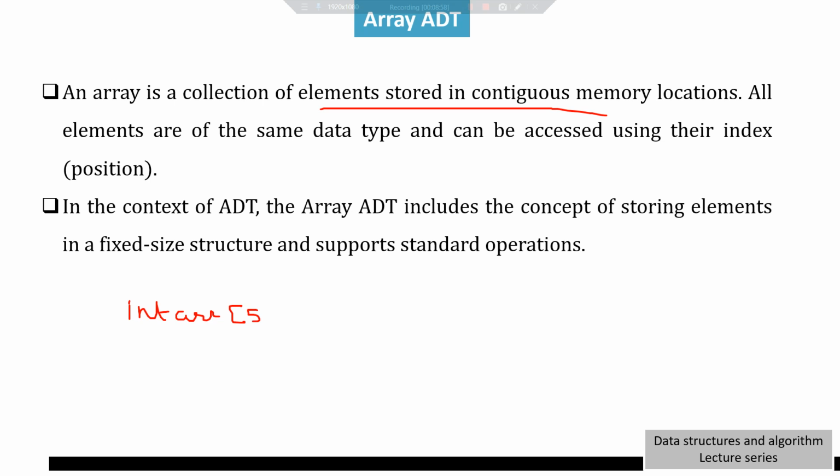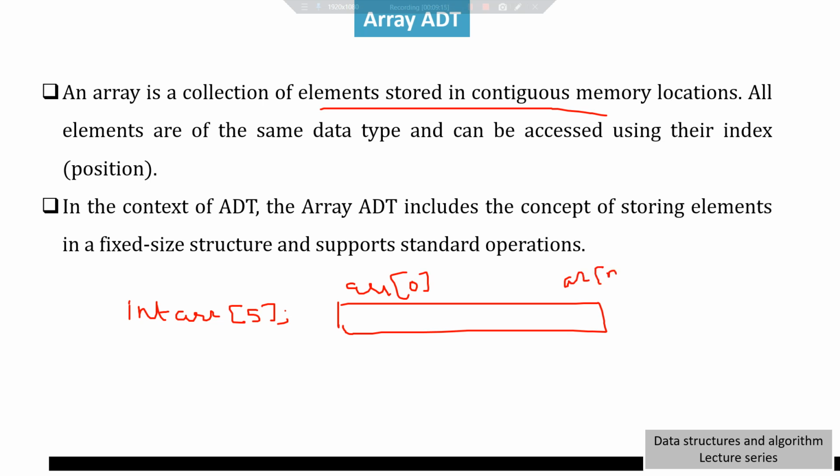This declares an array of 5 elements having contiguous memory locations, which can be accessed using indices, that is ARR of 0 will be the first element, and ARR of n-1 will be the last element.